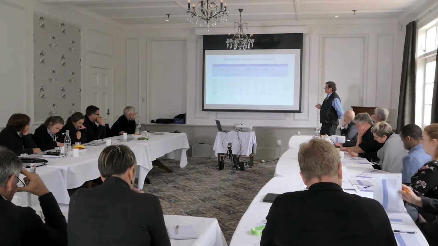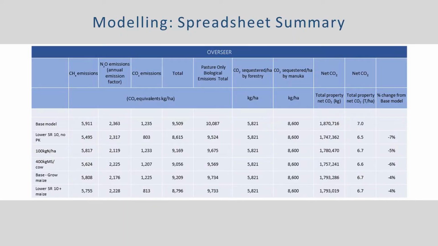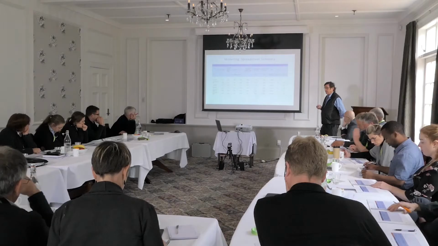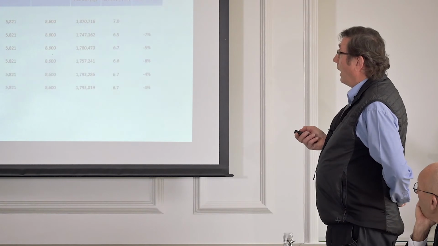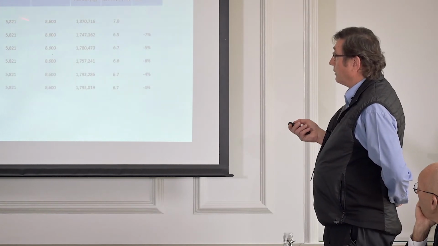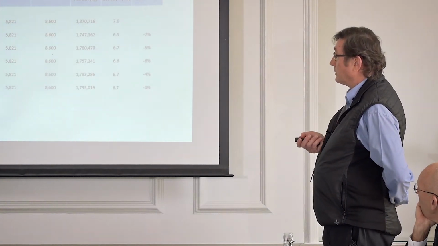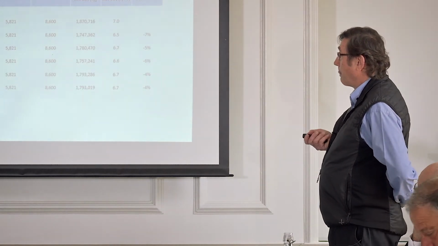So the next section of the spreadsheet, that's where I put in all my Overseer stuff. So I put in my greenhouse gas emissions. So I've got methane, nitrous oxide, and CO2. So I have got a total there, but then this is the important column, the biological emissions per pastoral hectare. And then we'll put in there the CO2 sequestered by forestry.